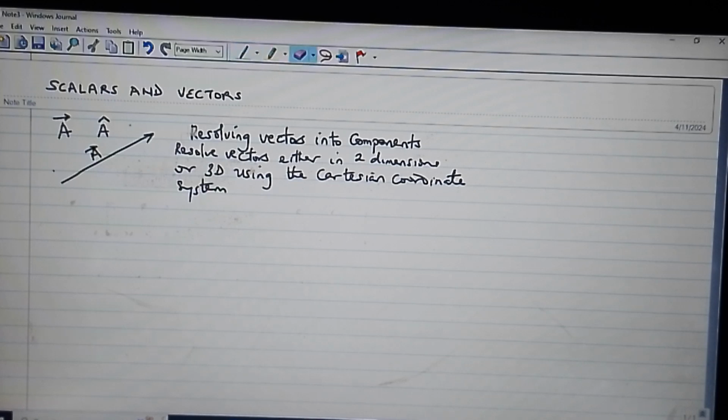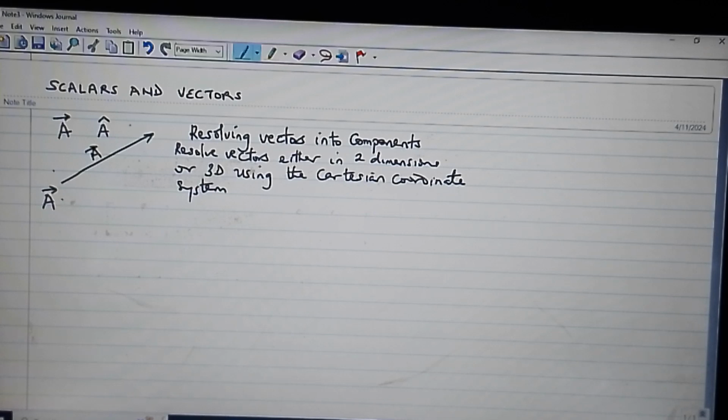Now, if I want to represent a vector A in 2 dimensions using the Cartesian coordinate system, always remember to include an arrow on top to show that the quantity you are describing is a vector.